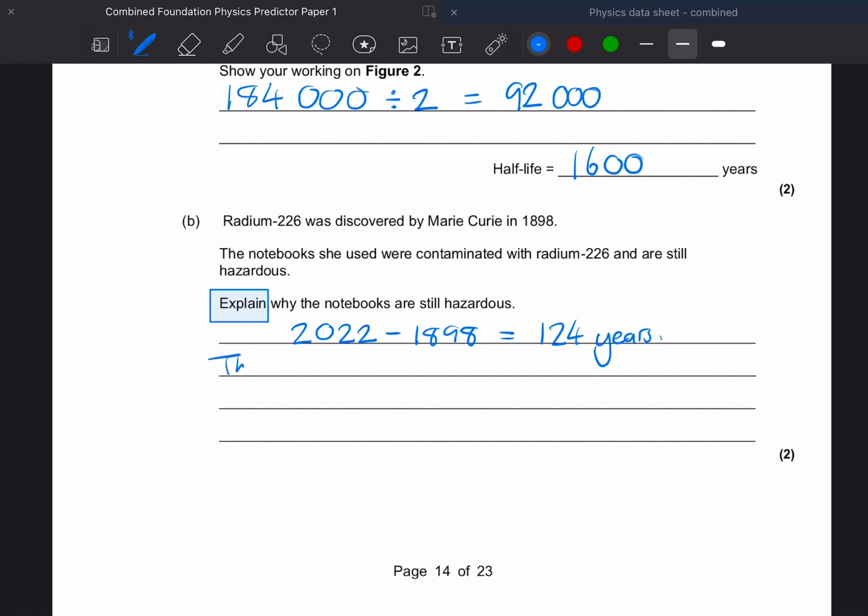So the half-life for radium-226 is 1,600 years.